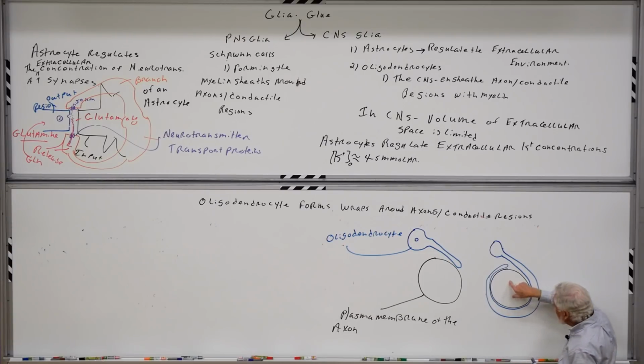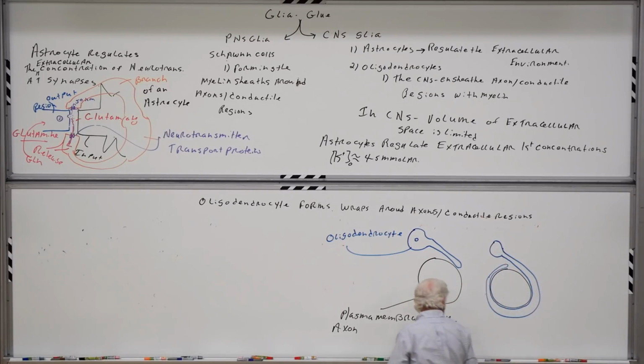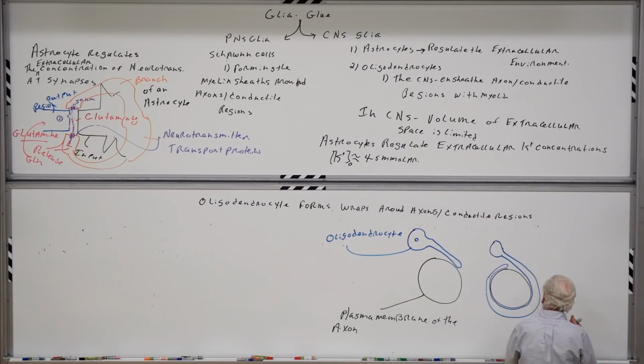If you can picture this, what I'm trying to show is that the plasma membranes of this oligodendrocyte have effectively circumnavigated the axon. They've grown all the way around the axon. And when they grow around the axon and come back to this point, they're going to meet the neck of the oligodendrocyte here. Now, when that happens, I'll try to see if I can squeeze one more in here.